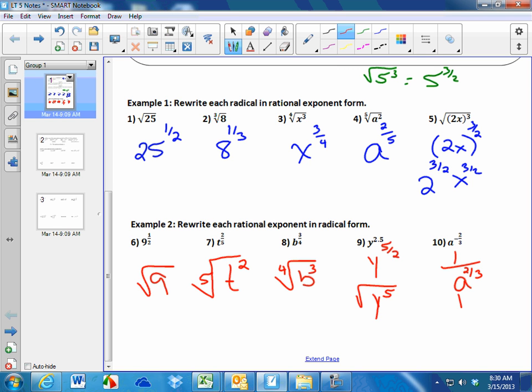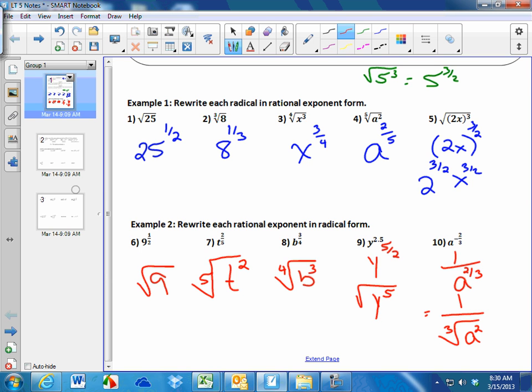So it would be 1 over a cube root of a to the 2. And so number 10 would be one that we really would need to rationalize the denominator. We're not going to because we're not practicing that today. But we would need to. Okay? Questions so far? All right.